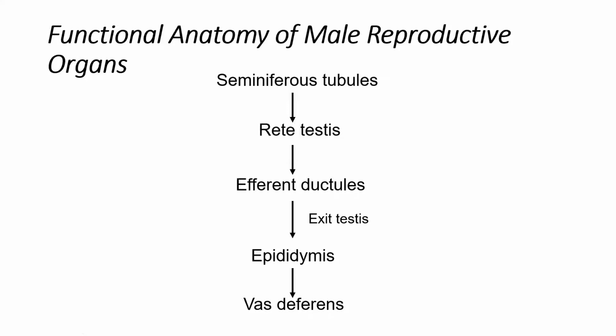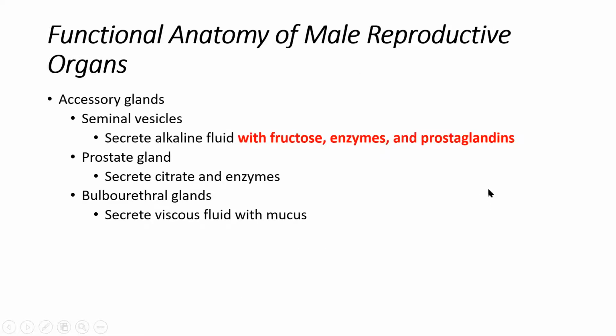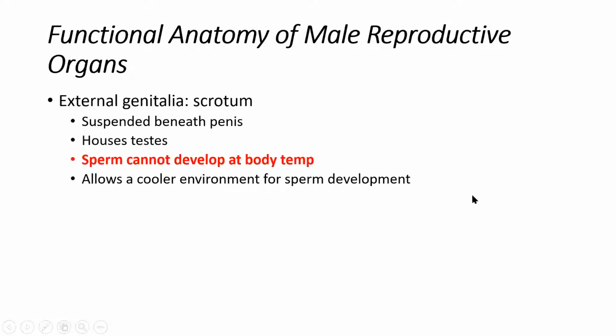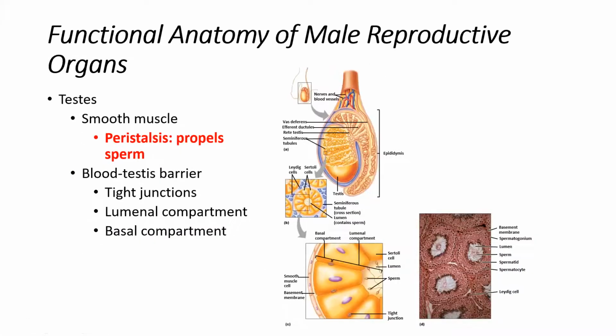From there they make their way to the efferent ductules, and the efferent ductules are the smaller parts of the tubule that are leading towards the epididymis, and then they make their way to the epididymis, which leads to the vas deferens.